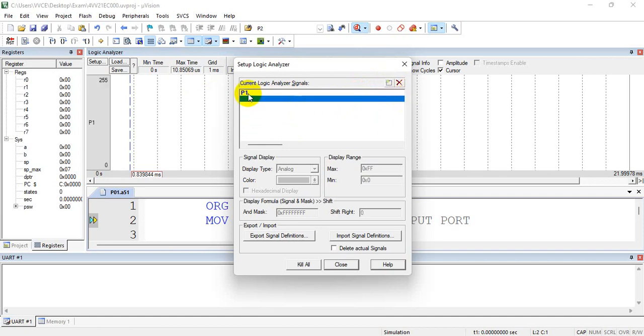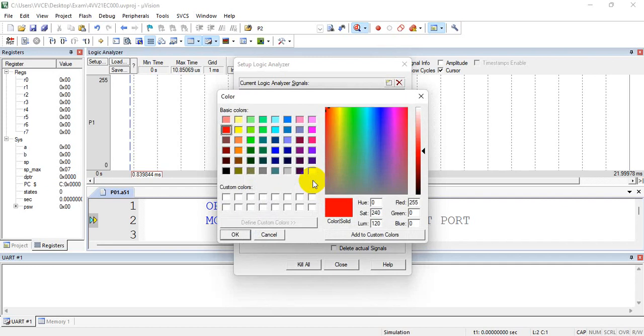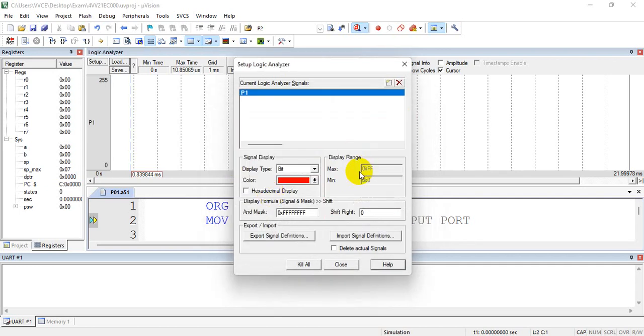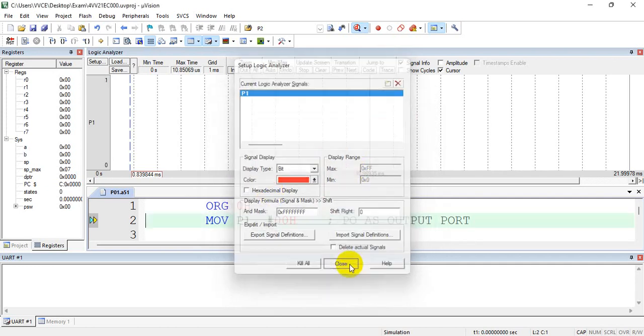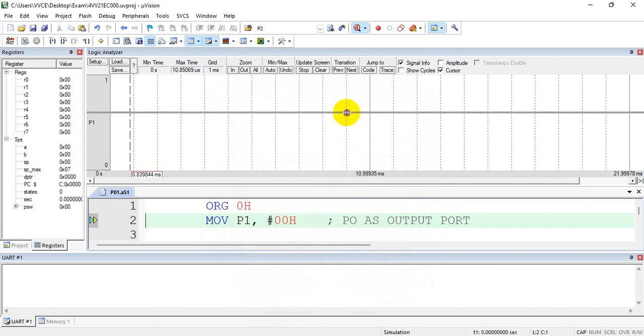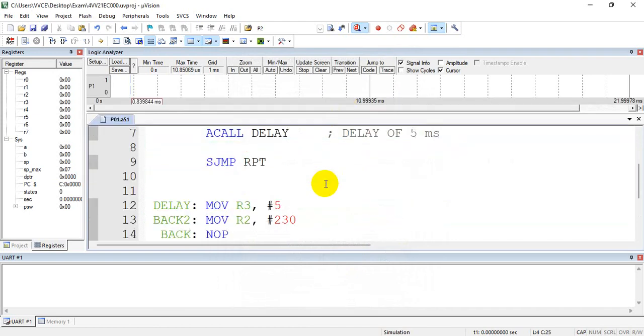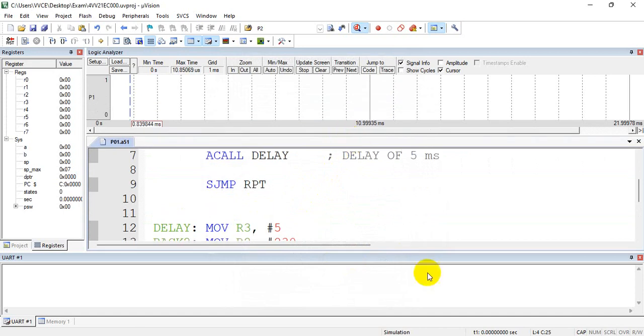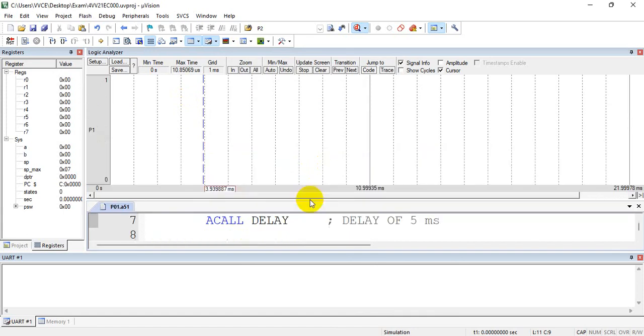Then select that P1 and change the display type as bit. You can select any color which you want. Let it be as it is and just close it. Now this program should provide you a square waveform of how many milliseconds? Yes, 10 milliseconds. So let us run this now.